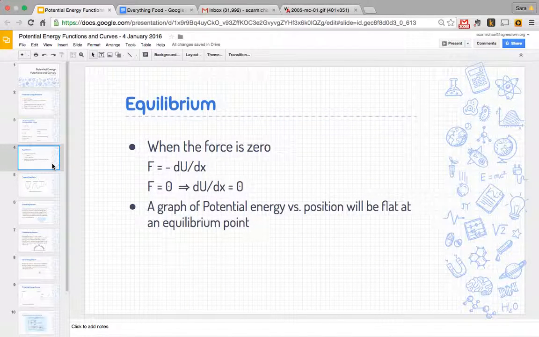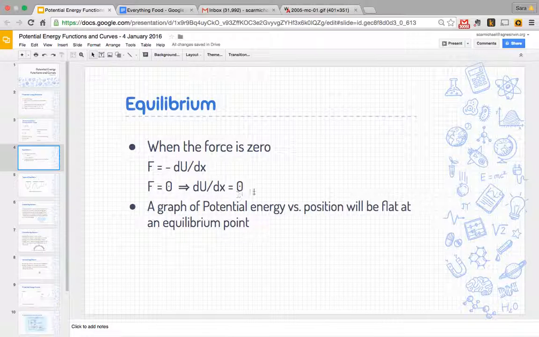All right, so equilibrium. We've used that word a little bit. We're going to use it in a slightly different but related way in this unit. Equilibrium is just when the force is zero, right? So we already kind of knew that. We talked about equilibrium as being when the net force on an object is zero when we did Newton's laws, for example. And since the force equals negative dU/dx, if the force is zero, that means dU/dx must be zero.